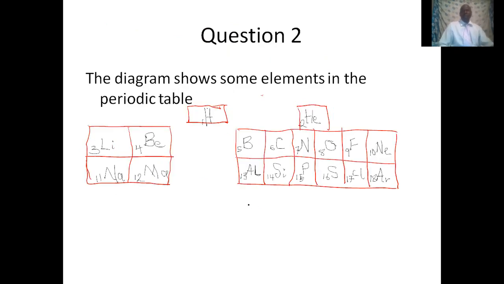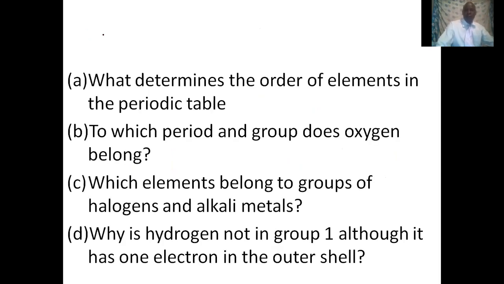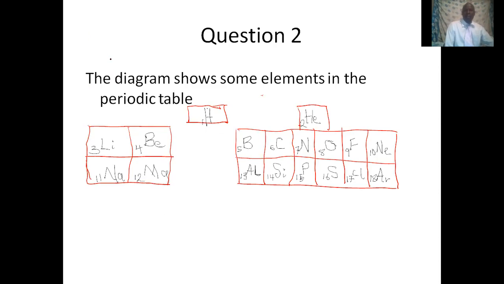And so we go now to question 2. The diagram shows some elements in the periodic table. So we see these elements here, part of the elements in the periodic table. We look at the questions. What determines the order of elements in the periodic table? What determines the order, as you can see here, is the increasing atomic number.